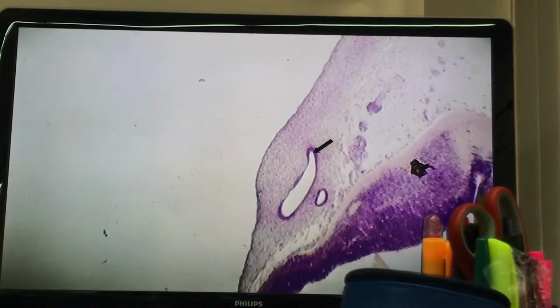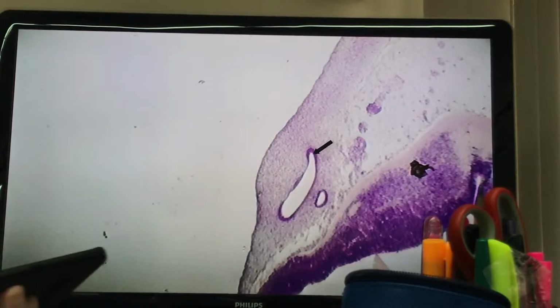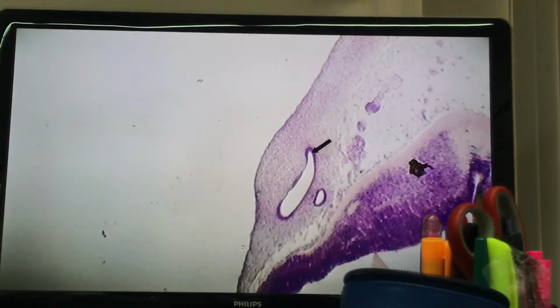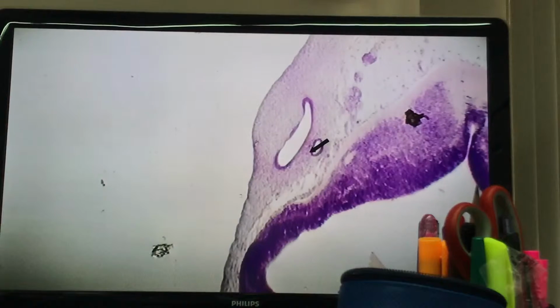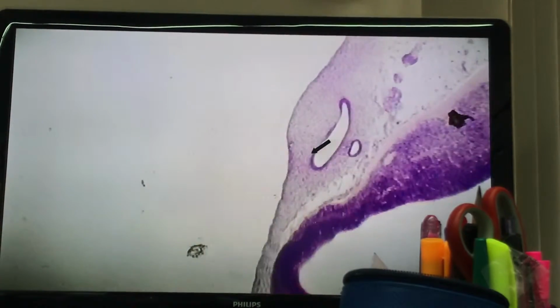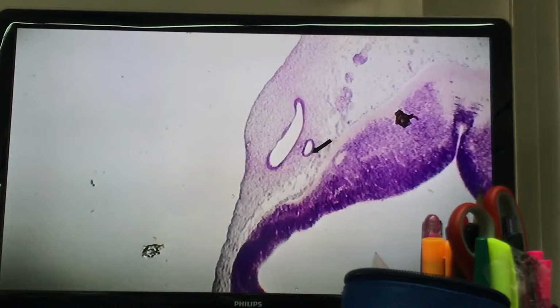P stands for posterior, the fate will become utricle, then the semicircular canal, and the endolymphatic duct. Okay, so this one is already your endolymphatic duct. No? Okay, so were you able to get it?